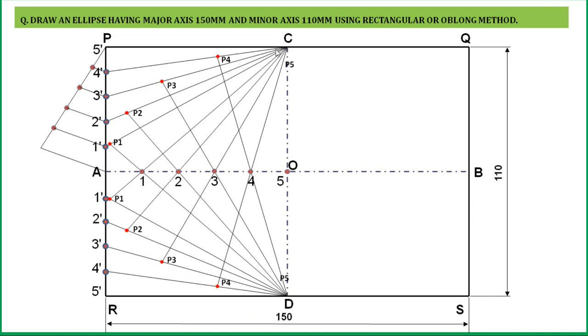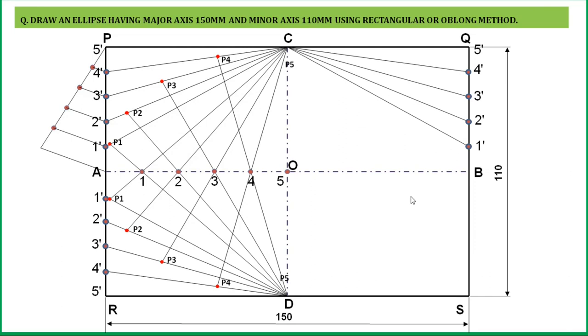In this way, we have completed the half portion of an ellipse. Now for the other half, repeat the same procedure here. Divide this QB line into 5 equal parts. Join these points with the point C. Now divide this OB line into 5 equal parts.